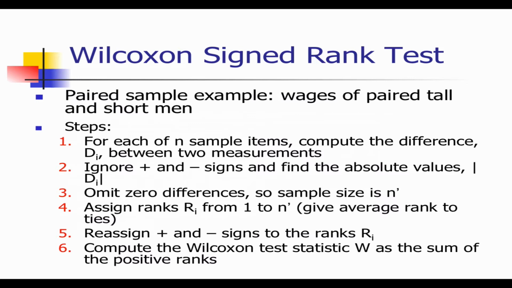But here there's one difference from what we talked about before, like the one sample t-test or the two sample t-test of paired data. For any rank-based test, you're comparing the two populations, but you're not comparing the means of the two populations. Essentially, you're comparing the medians of the two populations.